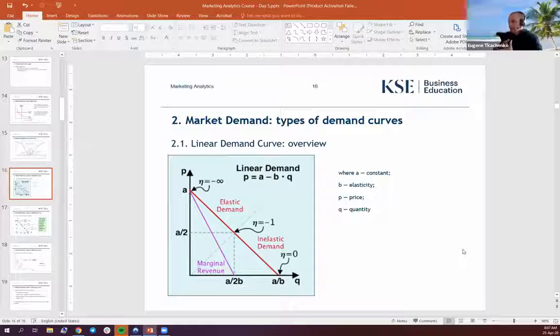So we can find the relationship between price and quantity in a linear way, saying something like, okay, if I set the price of $10 per unit, I will be able to sell, for example, 20 products. But if I set the price of $1, I will be able to sell 200 products. So that means that there is a linear correlation between the price and the quantity.